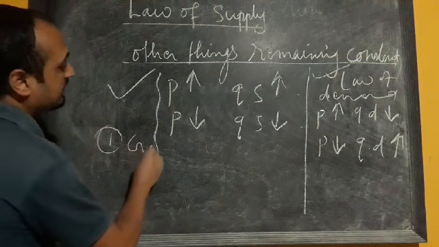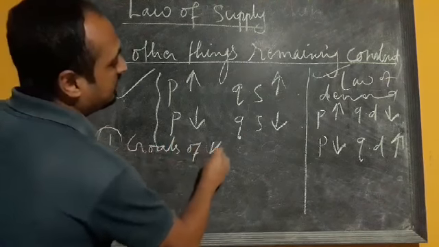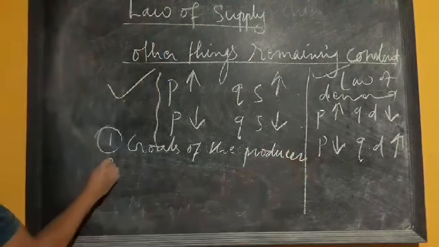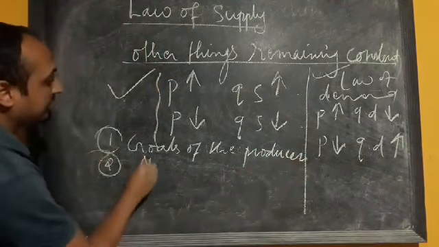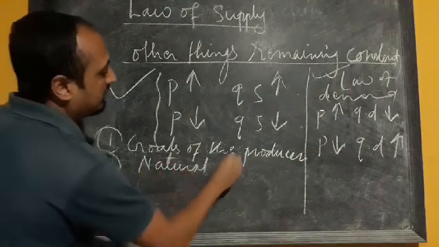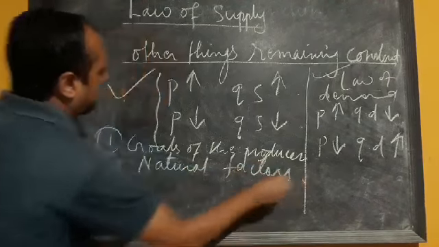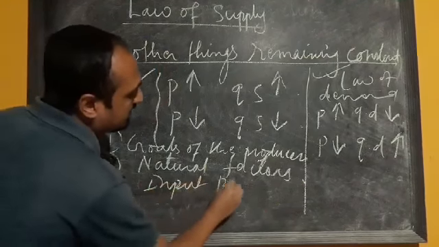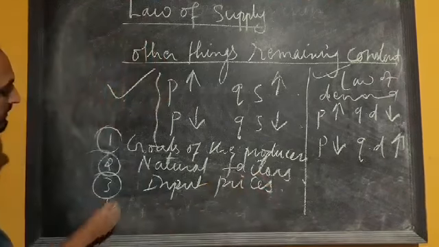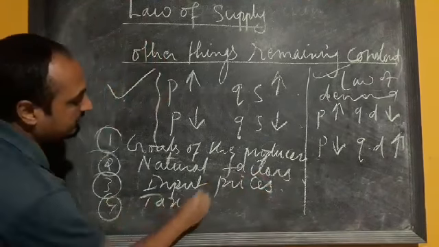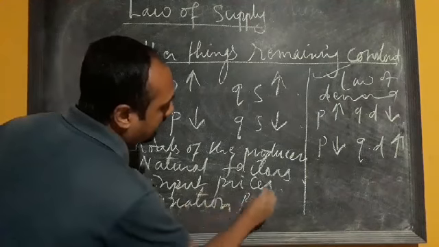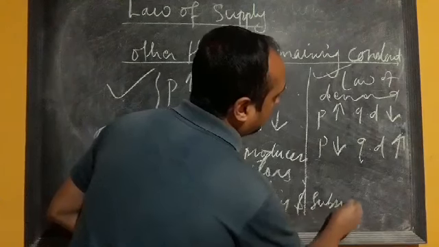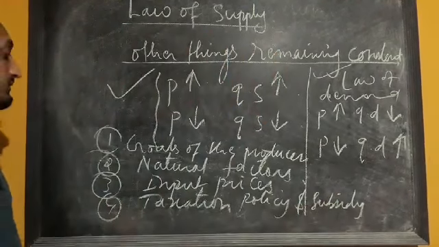Maybe the goals of the producers, maybe natural factors, maybe input prices, maybe taxation policy and subsidy of the government, and so on.